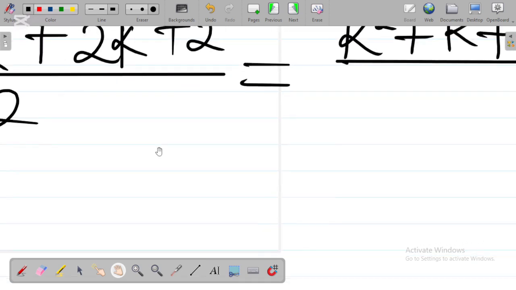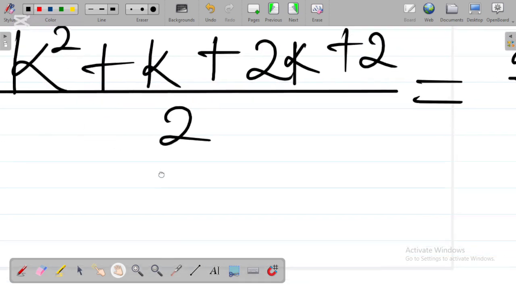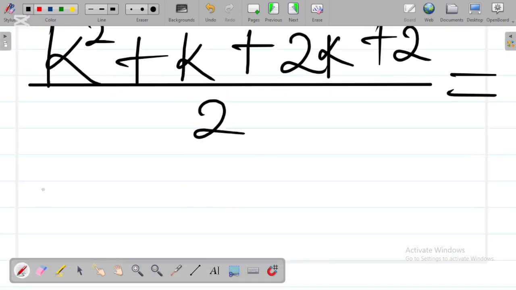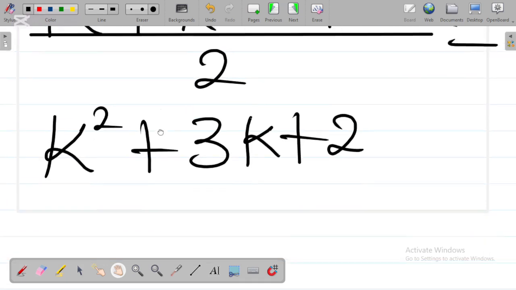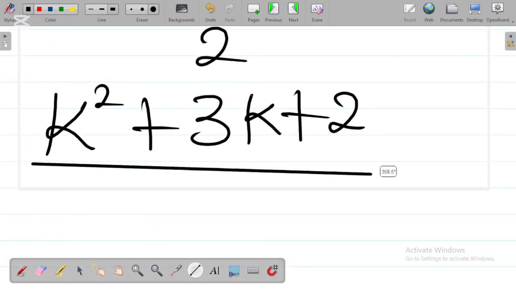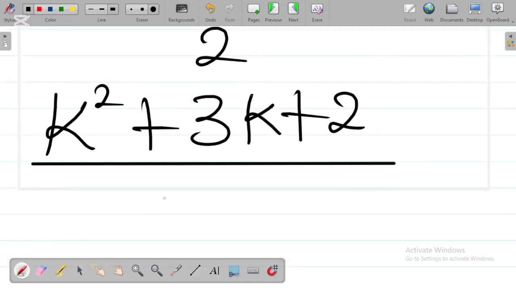So at this point, we are going to collect like terms. On the left we have k raised to power 2 plus k plus 2k is 3k, plus 2, all divided by 2.